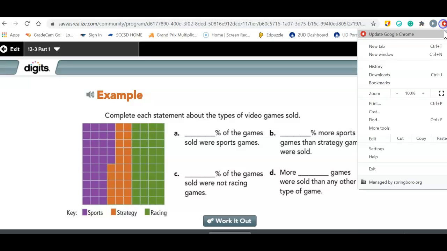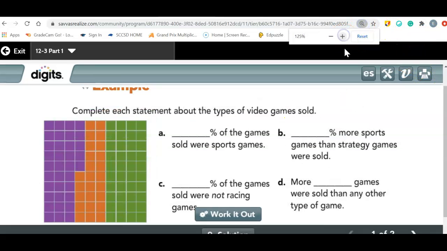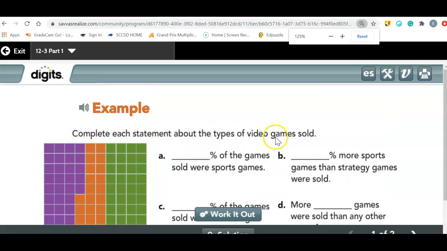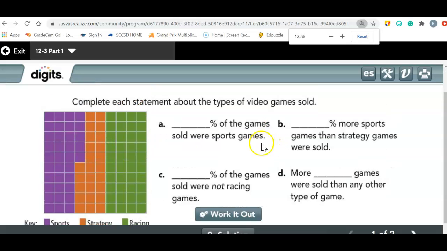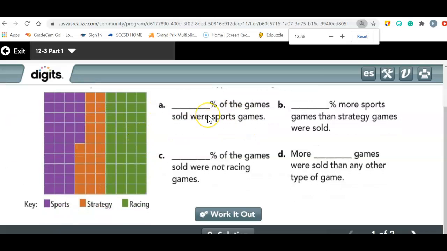You are given this information here, and I want you to figure out questions A, B, C, and D. This is your table for the complete statement for video games sold. I want you to answer A, B, C, and D. If you want to talk with your neighbor, you can, or you can do it independently.